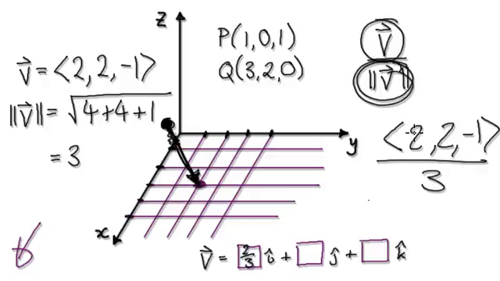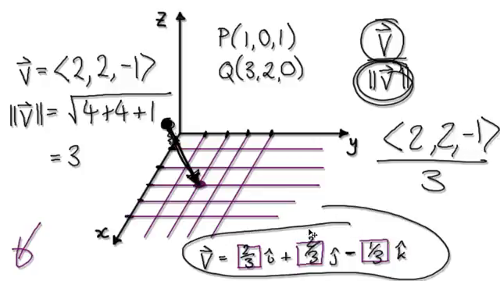So if you think about it, in the i hat direction, it will be 2 over 3, and then it will be 2 over 3, and then this thing here will be negative. So I'm going to change this to a negative. Hang on, bear with me. Negative 1 over 3. So this is your final answer.